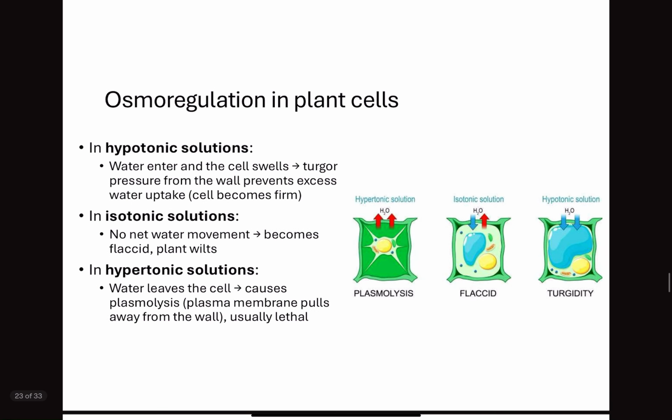But we even see osmoregulation in plant cells with cell walls. So we have the cells of plants, some protists, not all, only some of them, the cells of fungi and of prokaryotes, they're surrounded by cell walls. And when we have a plant cell that is in a solution that is hypotonic, what's going to happen is that the cell content is going to swell, right?